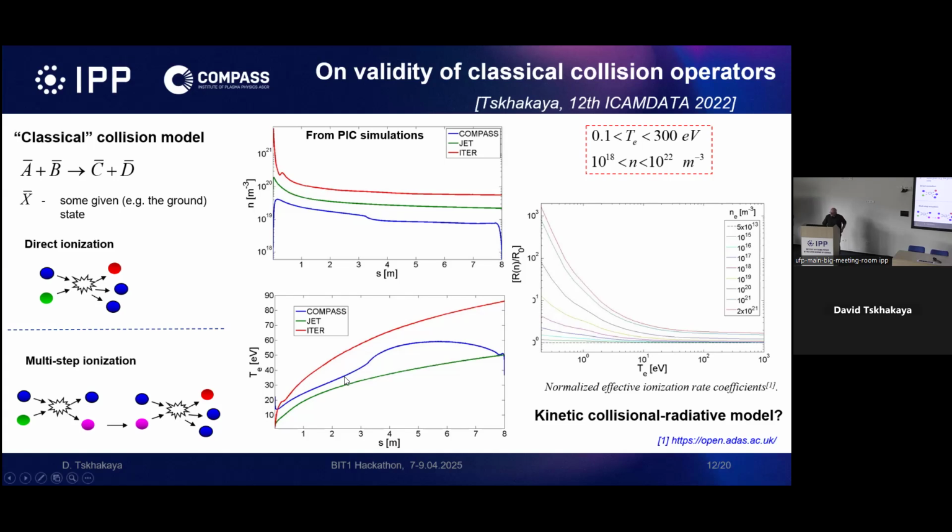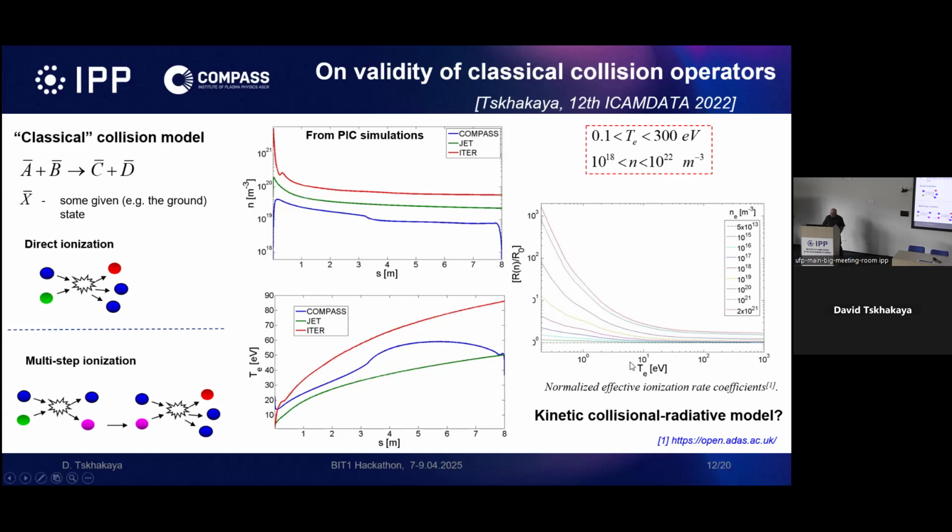These are corresponding densities, and these are the effective ionization rates depending on the different density and temperature, of course. If you consider low densities, there is no big difference. This is a relative rate, relative to the classical coronal approximation.